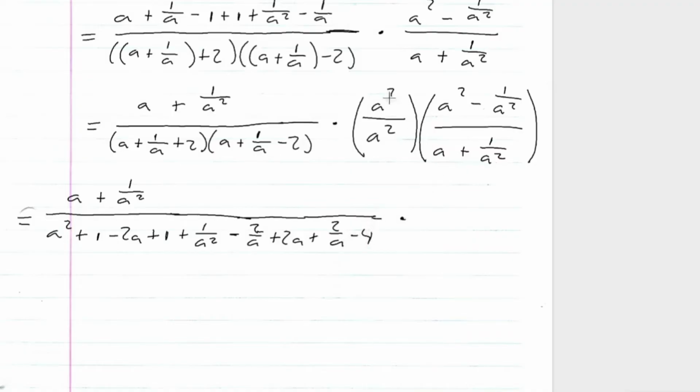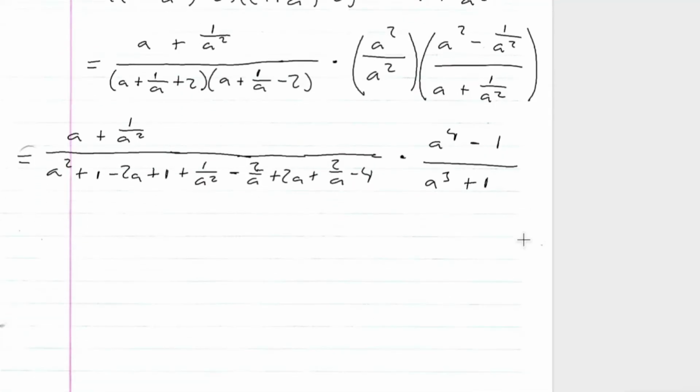And then times, so a squared times a squared is a to the 4th. A squared times negative 1 over a squared, that's the reason why we did it. So we can get minus 1 over a squared times a is a cubed. A squared times positive 1 over a squared is plus 1. So let's go ahead and reduce this further.